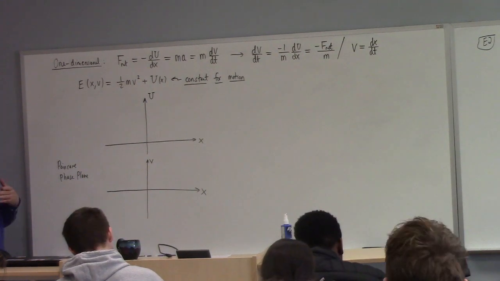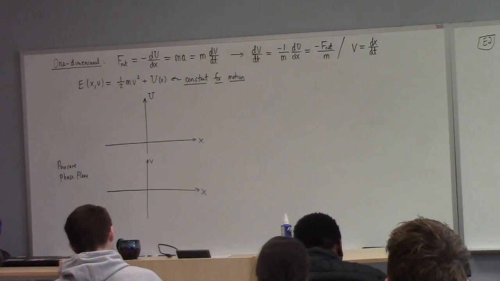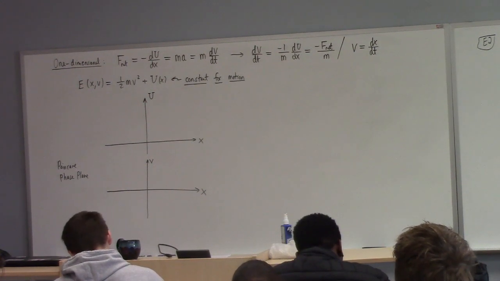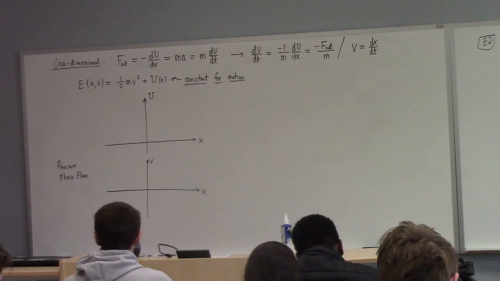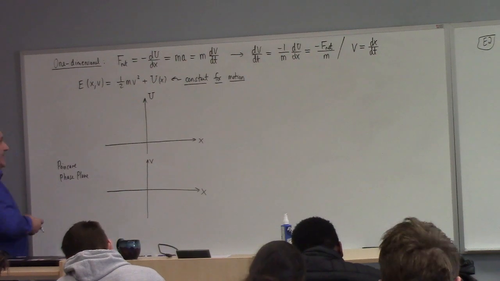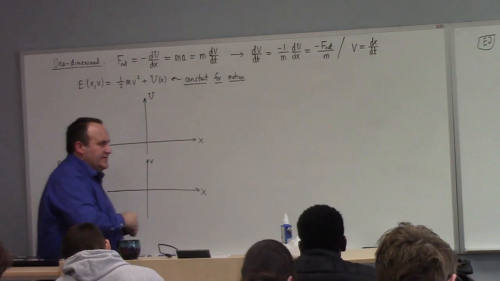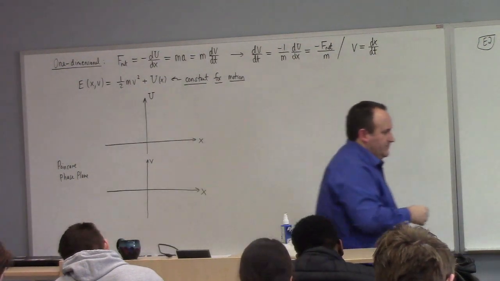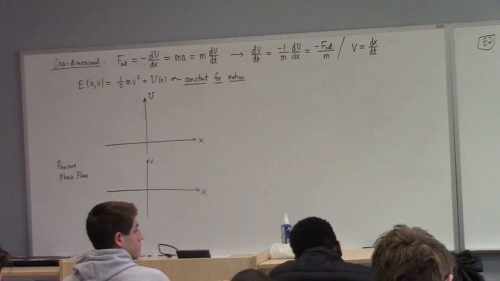It's a plot of position versus velocity. If we plot position versus velocity, we can understand the totality of different possible scenarios for the motion. Let's do this for the spring, because the spring is a really nice example, and it's probably the simplest to understand.